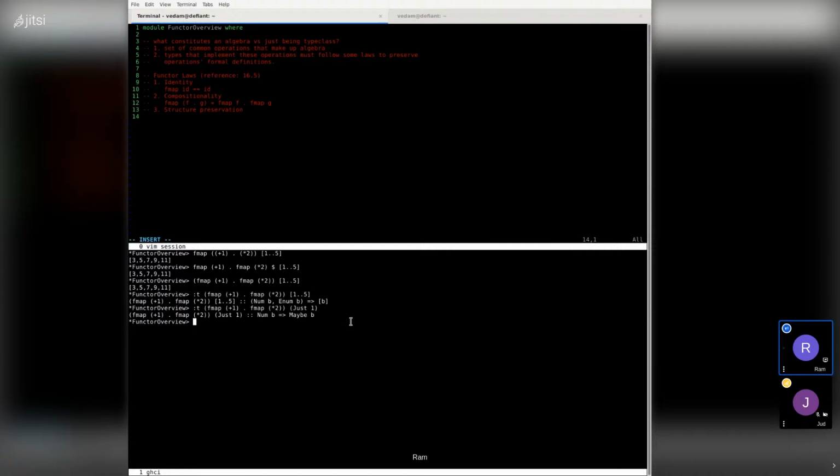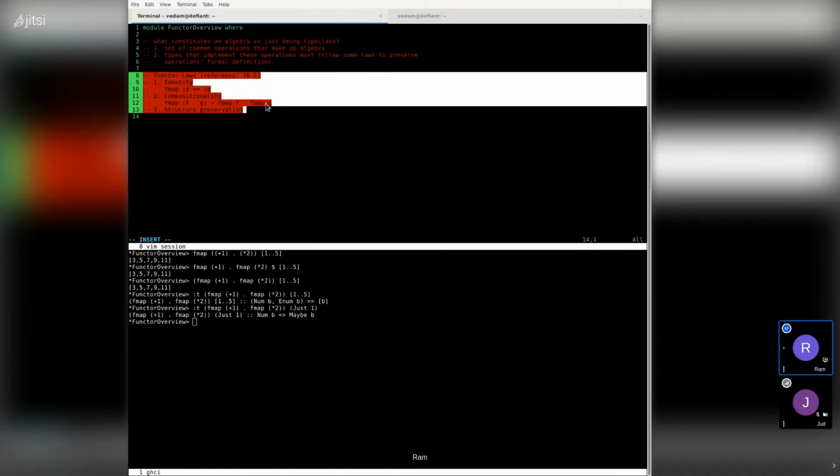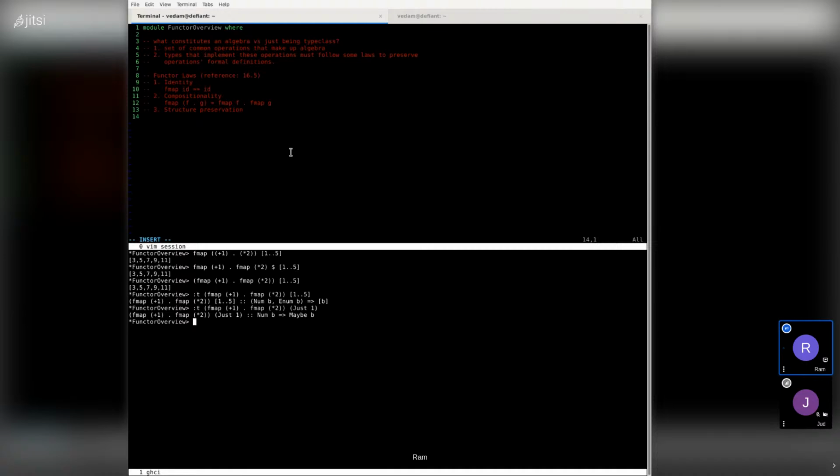This is extremely important, because just like compositionality not being followed creates a broken functor, you've also broken your functor if you don't follow structure preservation. This is an important point when you're talking about algebras. Algebras have these disciplined laws that you, as the type designer, have to respect in order for the type class instance to actually work.